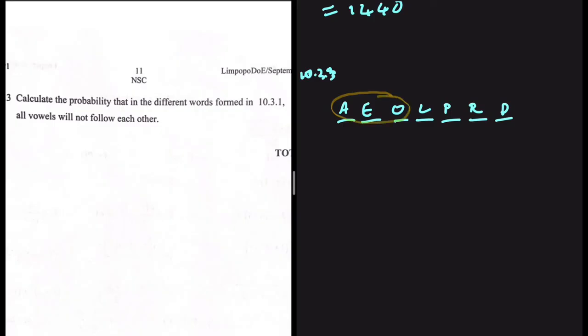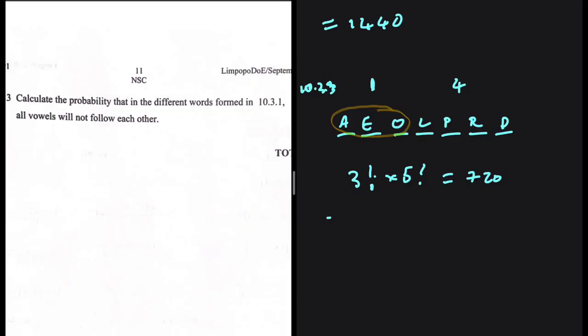Wherever they are, they need to be close to each other. Even though the vowels are next to each other, there are still 3 factorial ways of arranging them. We can start with E, we can start with O, and so on. So we're going to have 3 factorial for the arrangement of the vowels among themselves. They're still close to each other.